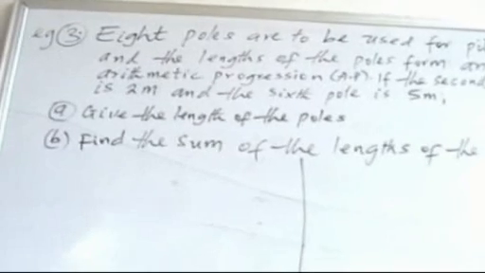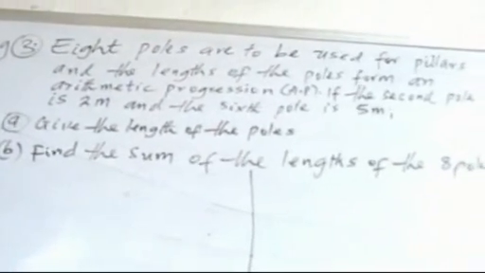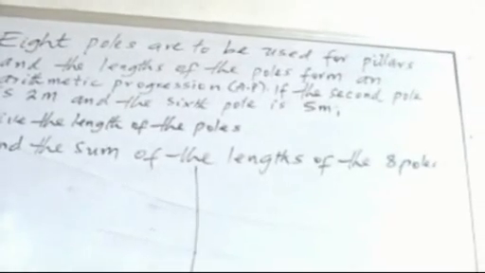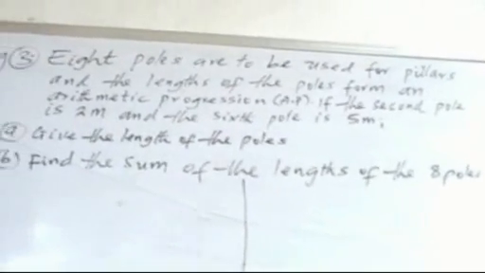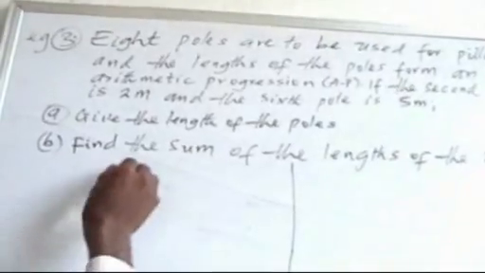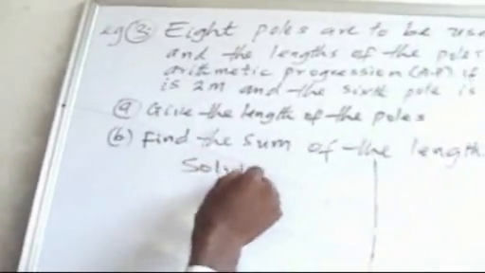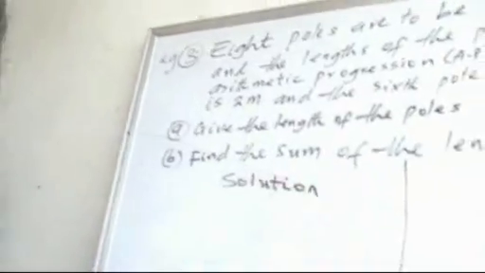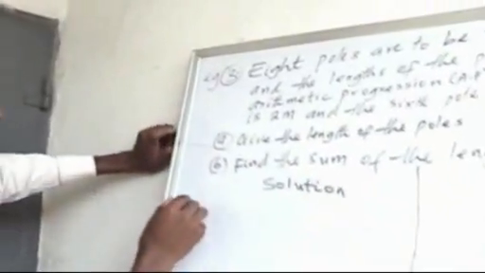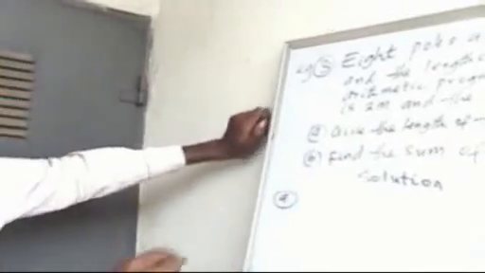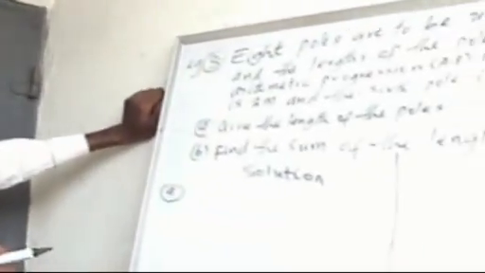B, find the sum of the lengths of the 8 poles. Solution. We're starting with A. We say we should give the length of the poles.